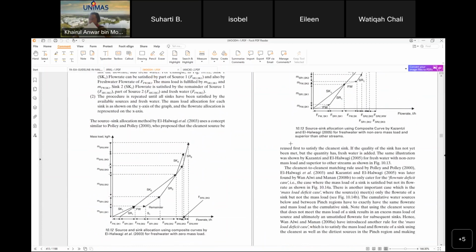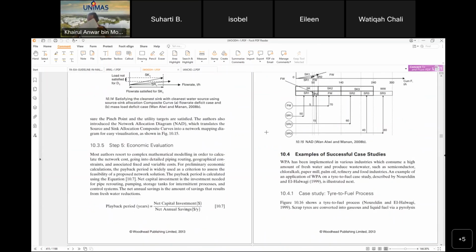Chapter 10, example of a successful case study.